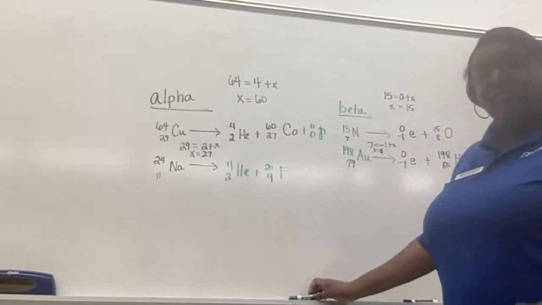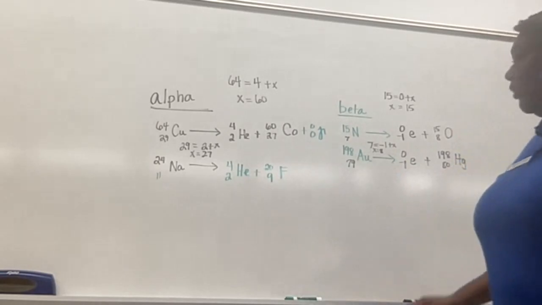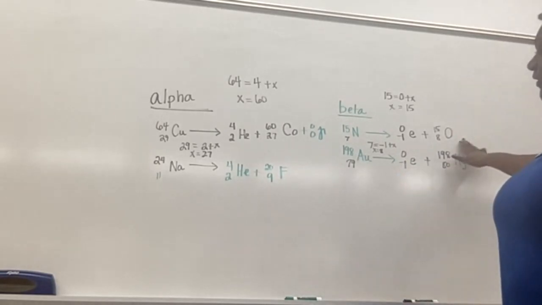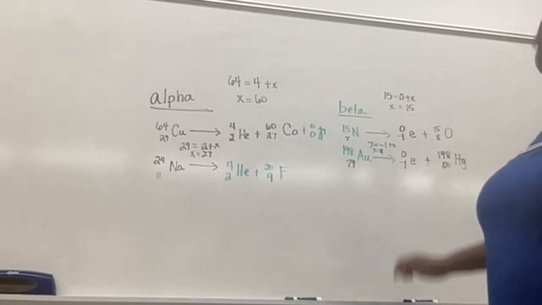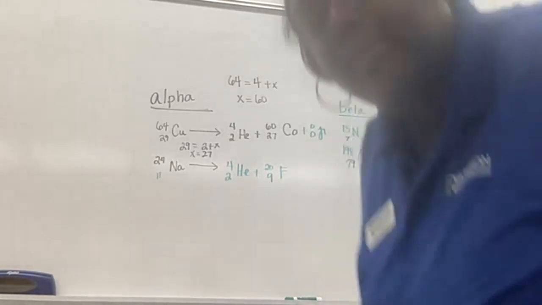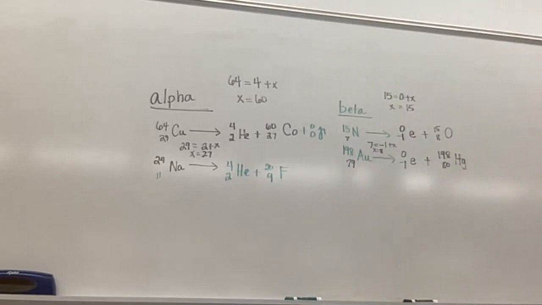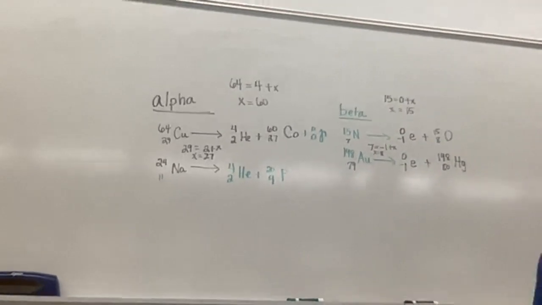Because remember, gamma is only energy, it's not a particle. Or if gamma was associated with this beta decay, then I would just add a gamma ray to the end of that problem, and that would be my beta and gamma decay.